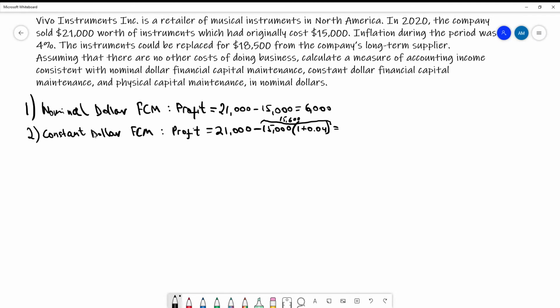So 21,000 minus 15,600 should give us 5,400.